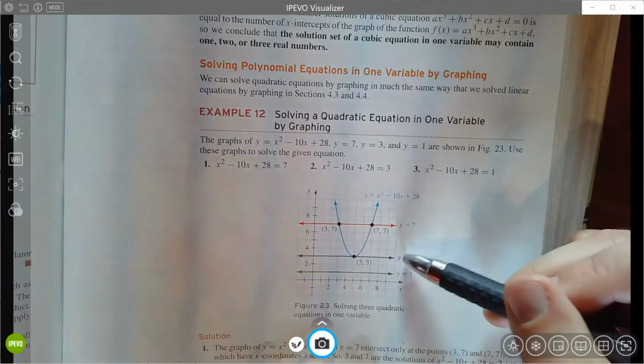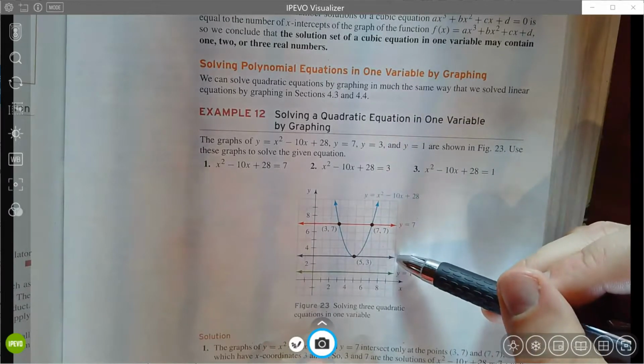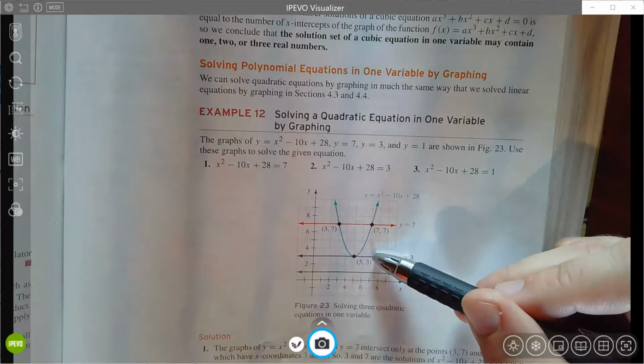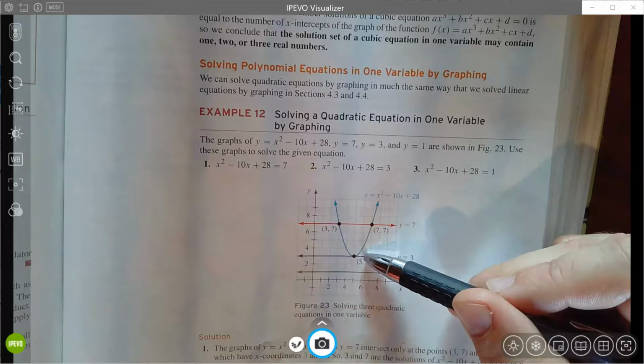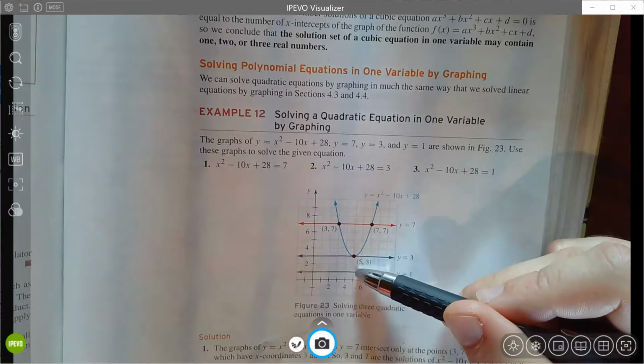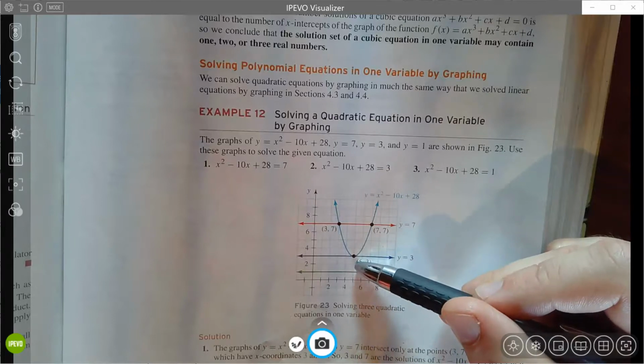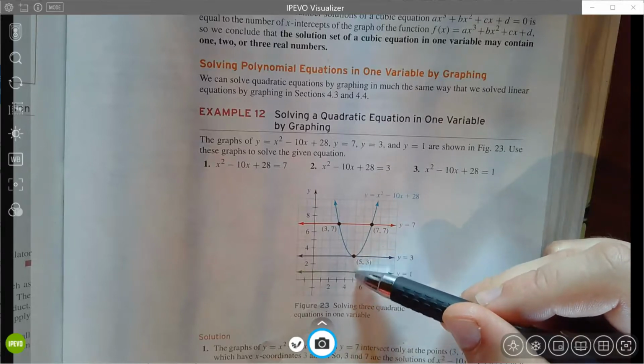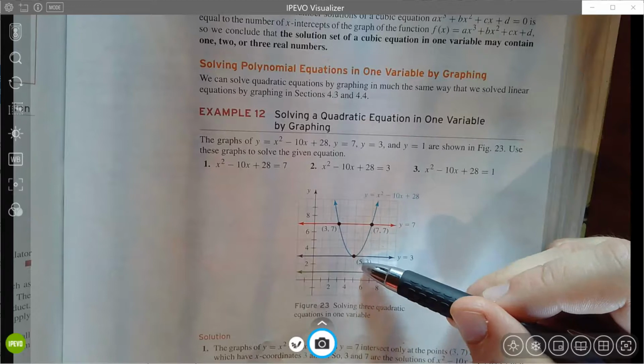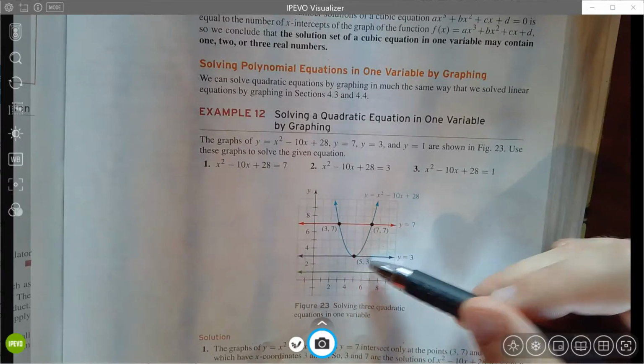Well, that's this black line right here. When does this blue curve cross this black line? It only happens in one place. This point right here. What is that point? It is x equals 5. When the x value is 5 is when that point occurs.